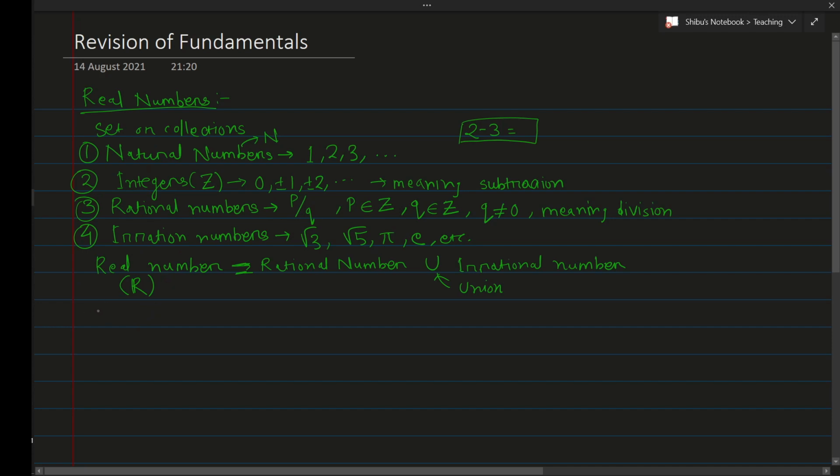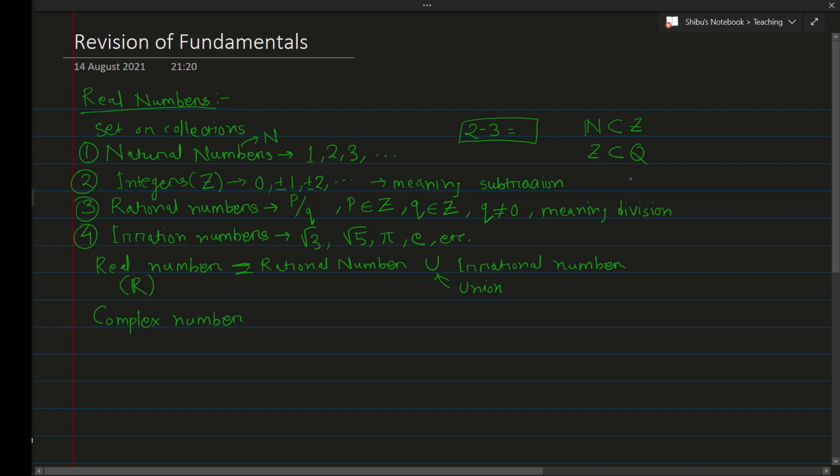Now there is another class of numbers called complex numbers, which is a superset of real numbers. That means this contains real numbers, and subsets and supersets are denoted like this. So the natural numbers are a subset of Z, Z is a subset of Q, and Q is the set of rational numbers.